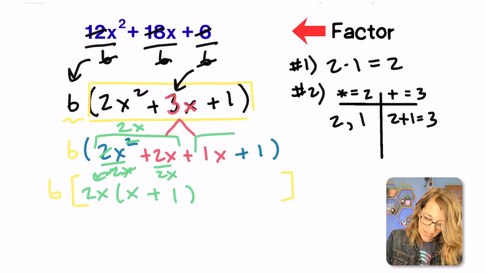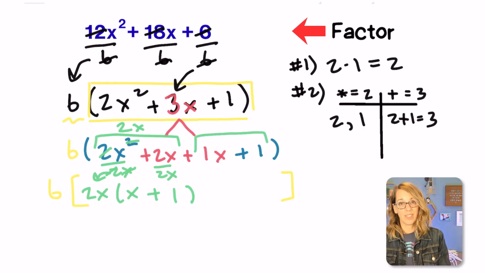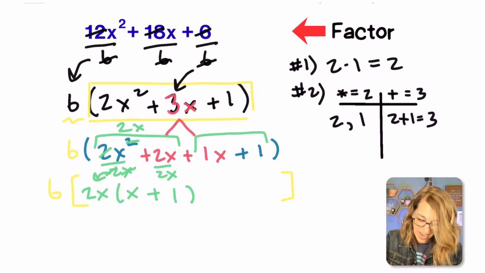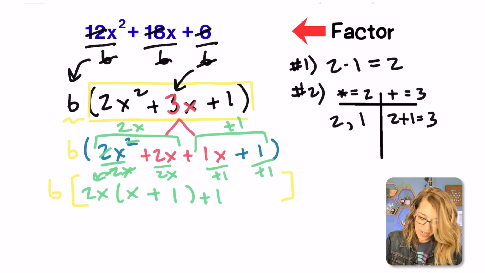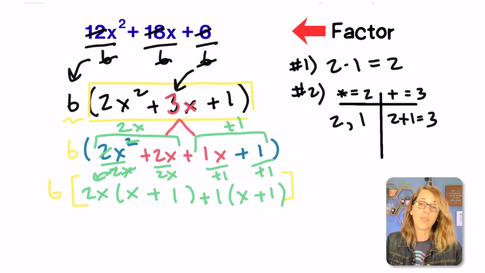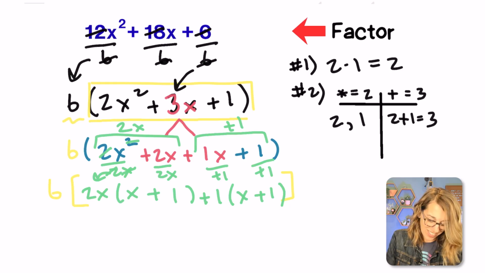Now, in our second pair, I already have x plus 1, but it's important that you factor out a positive 1 anyway, and the sign is really going to be helpful here. So I'm going to factor out a positive 1. It's really going to act as a placeholder, a really important placeholder. That positive 1 comes out in front. Didn't actually change anything. I end up with an x plus 1 inside those parentheses.